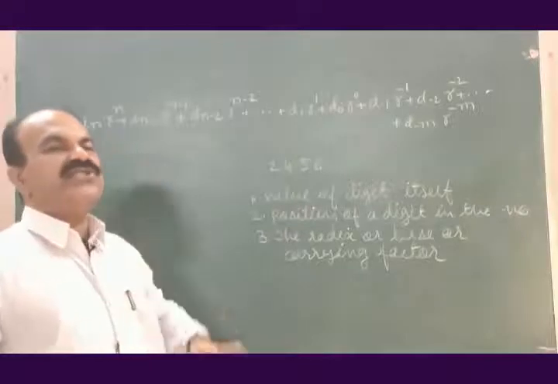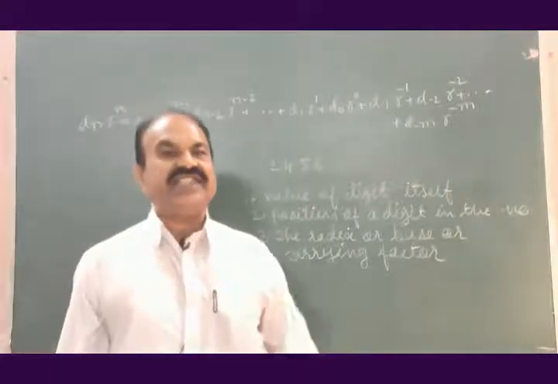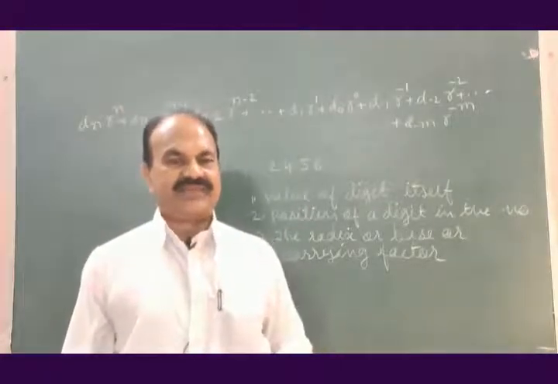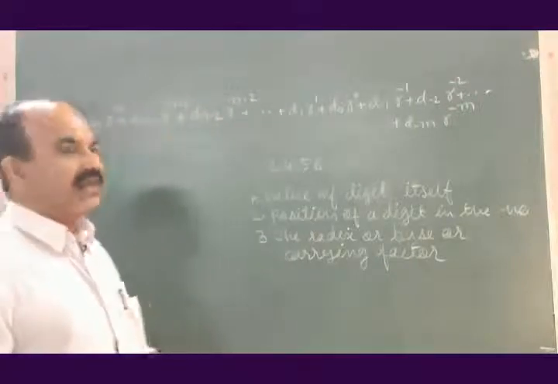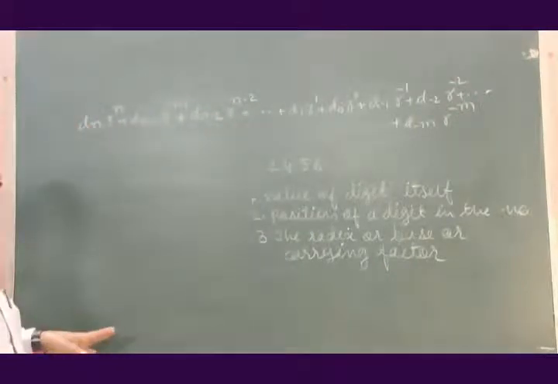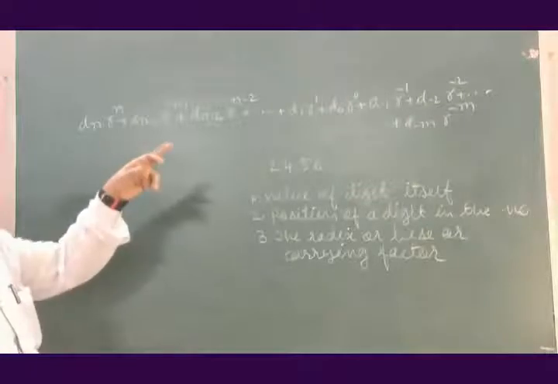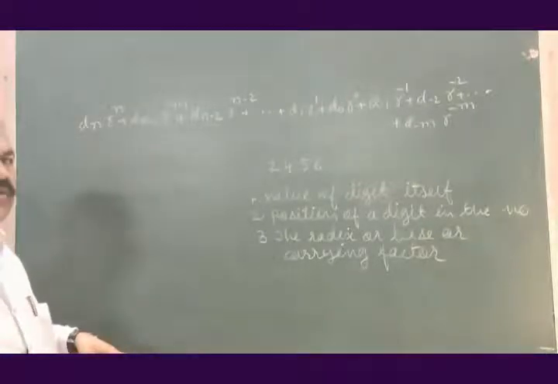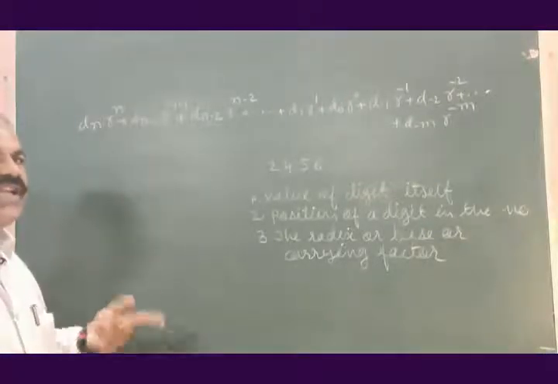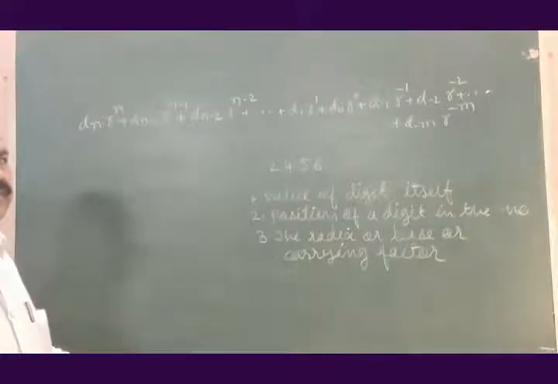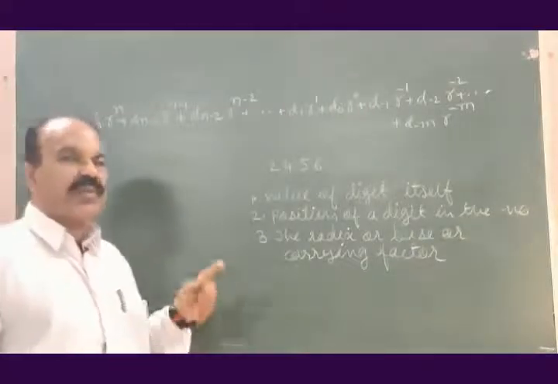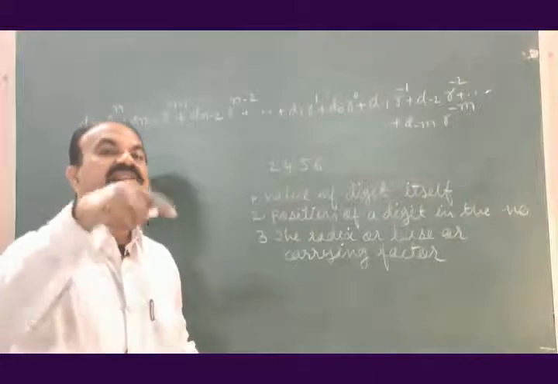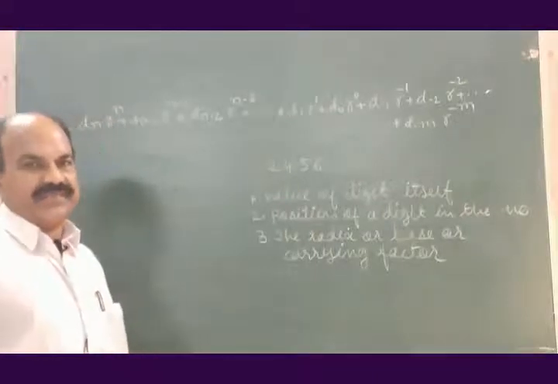For the decimal number system, the value of this R is 10. This is the general formula for representation of any number in the decimal number system.